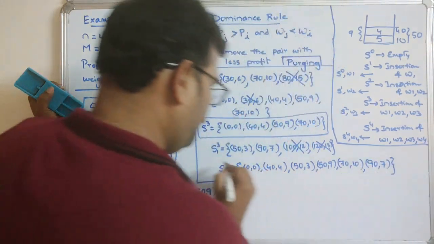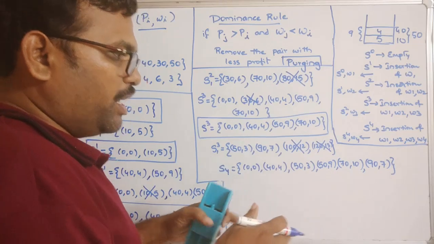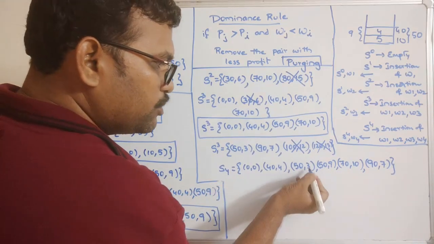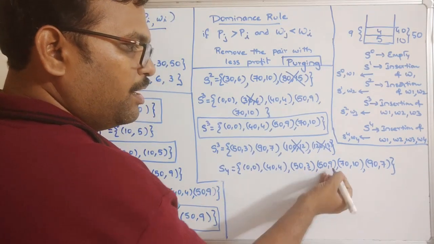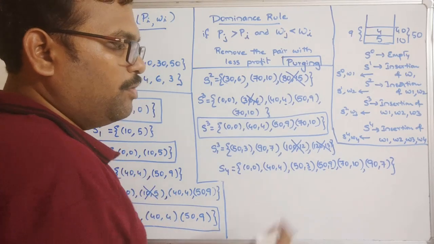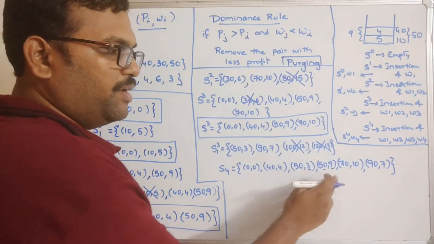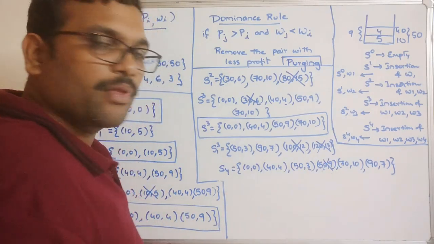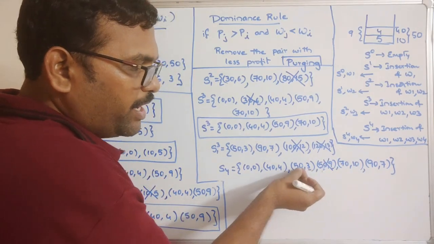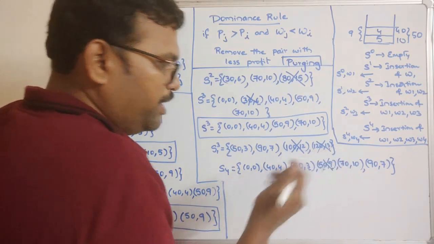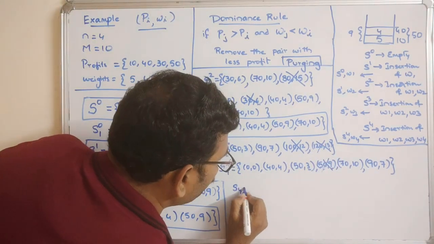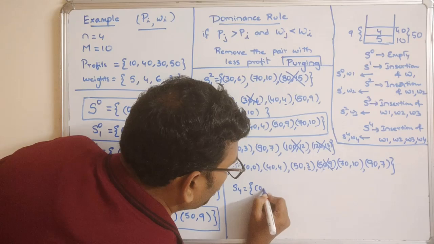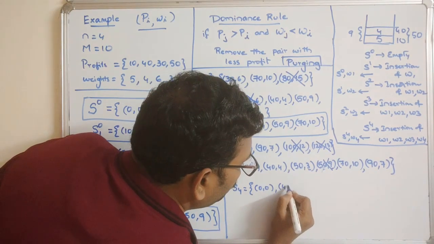These are the S4. And again you can observe, we are getting weight 3 with a profit 50 and weight 9 with a profit 50. So you can avoid this one. With only weight 3 we can get 50. So finally write the S4: 0, 0, 44.